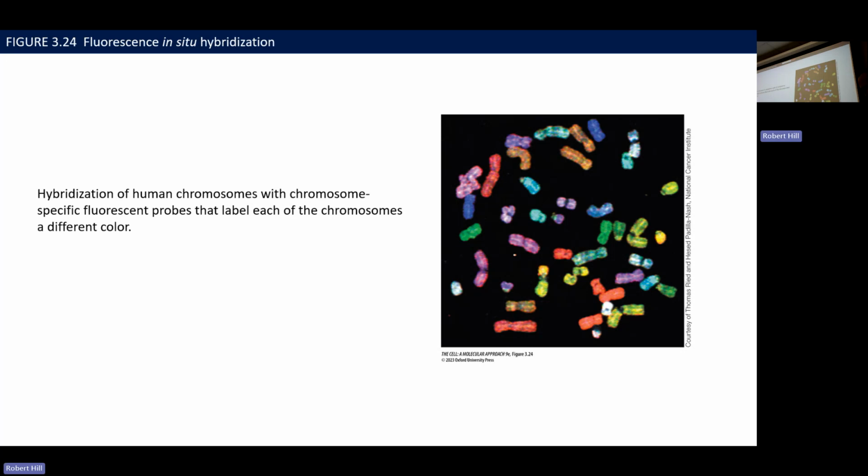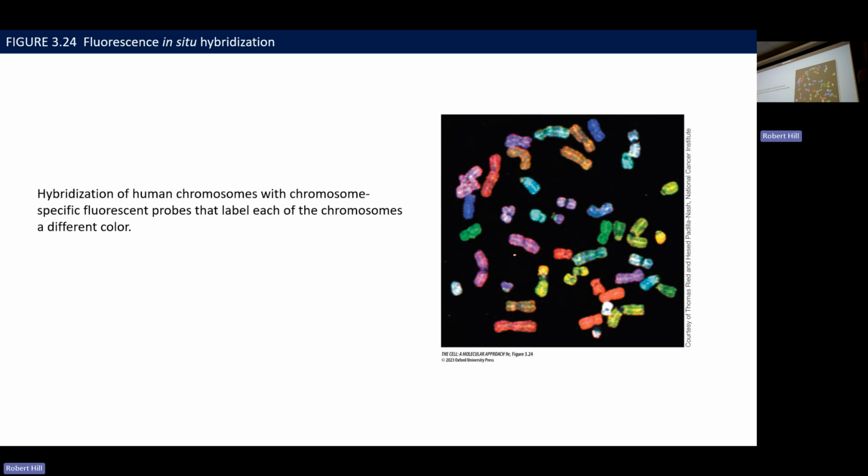The last one is called FISH, or fluorescent in situ hybridization. This is useful for detecting regions of chromosomes by using these radiolabeled probes. It's nice because you can actually use living cells. You can do it in a living system, or you can spread the chromosomes out like has been done here. So FISH is done both ways.